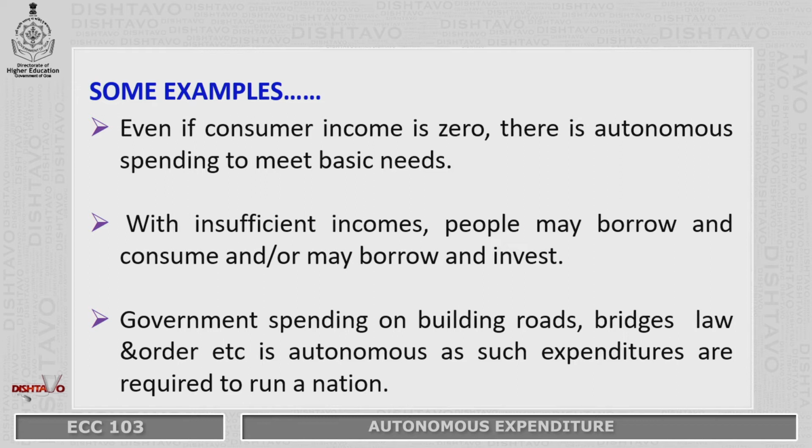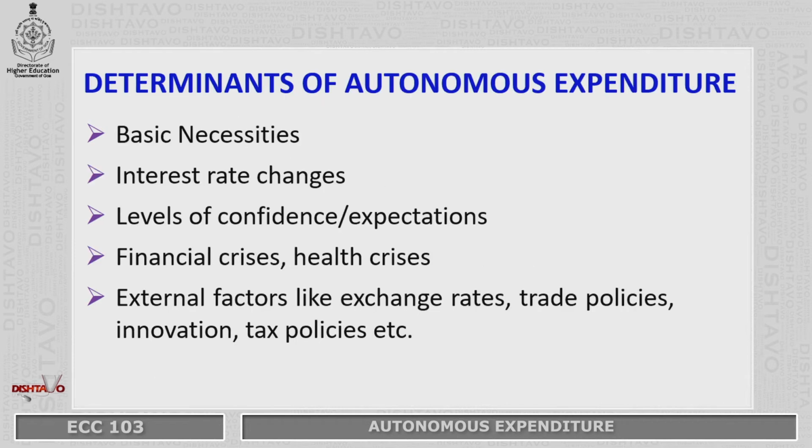Another example, with insufficient incomes, people may borrow and consume. Investors may borrow and invest. Most of the government spending on infrastructural projects, on law and order, on defense is autonomous, as such expenditures are required to run a nation.